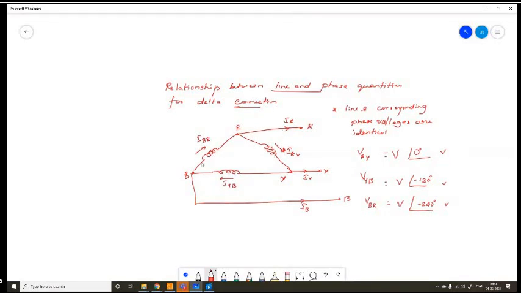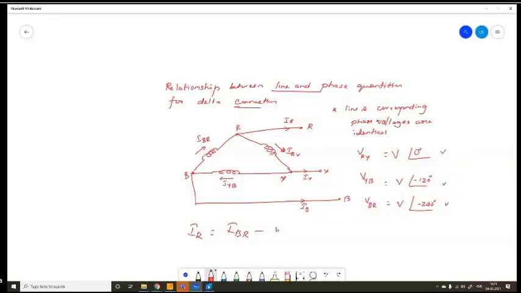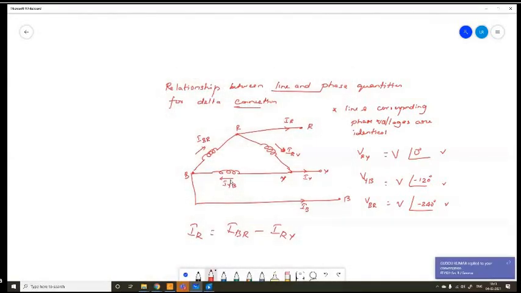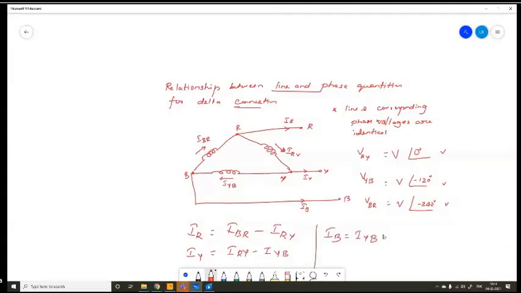So this will be the vector difference between these two phase currents, that is IR will be equal to IBR, this is the incoming current at this point, minus IRY. And this IY will be nothing but IRY minus IYB, and IB will be IYB minus IBR.